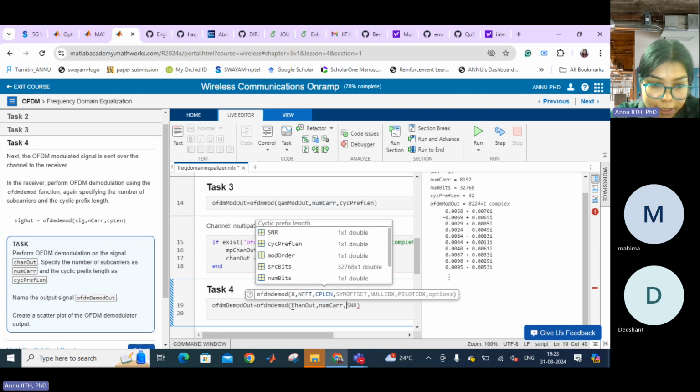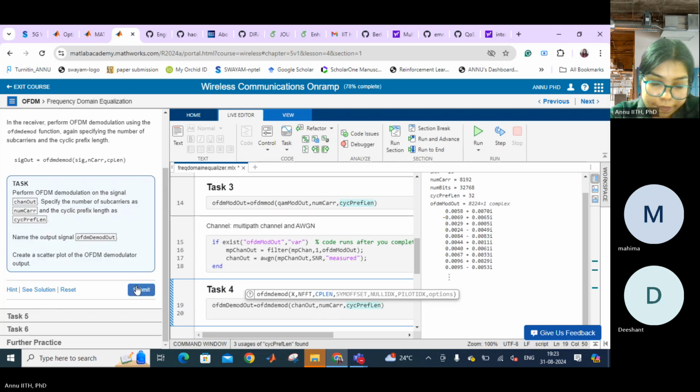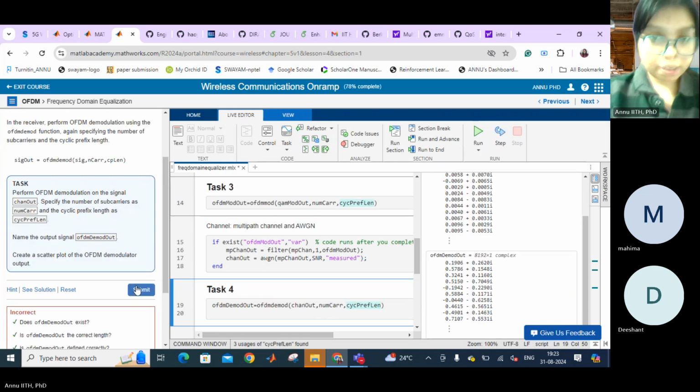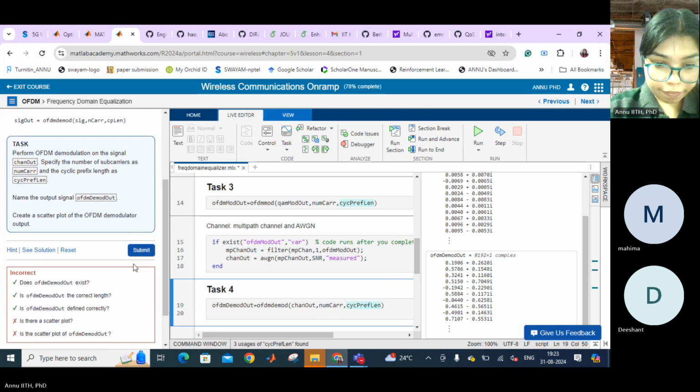CP length is the same, 32. So where have I done wrong? Channel out, number of carriers, cyclic prefix.